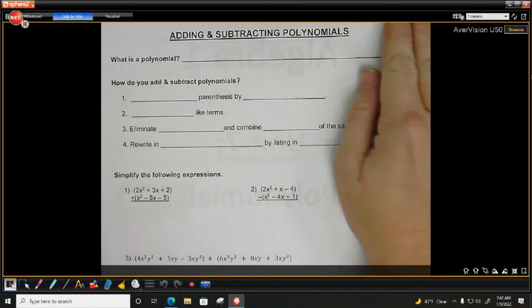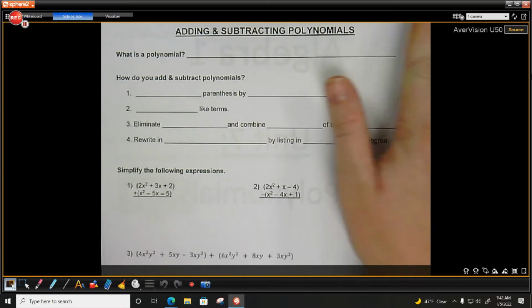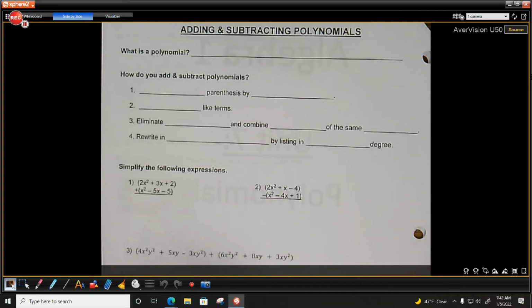Okay, so today we are starting with adding and subtracting our polynomials. In order to add and subtract our polynomials, we need to know what is a polynomial. Does anyone have an idea? Poly doesn't mean 8, but you're kind of close.